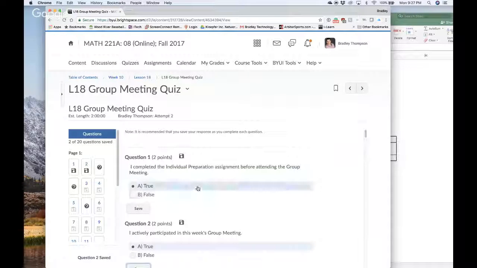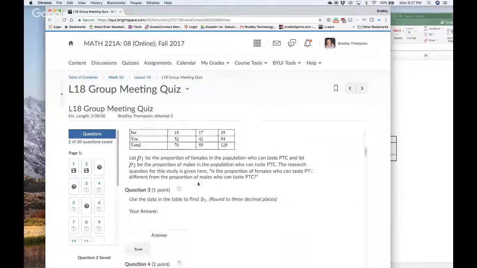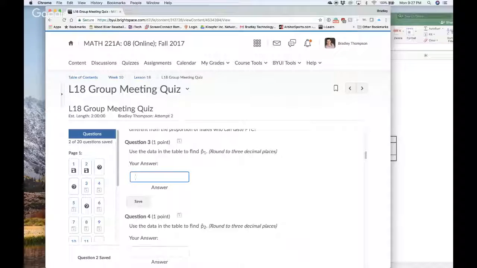Do we ever have to use, I mean, at the top it talks about using the normal probability applet, but we never used it. Is there a point we should have used the probability applet? I mean, I didn't see one. Point estimator. Hold on just a sec.